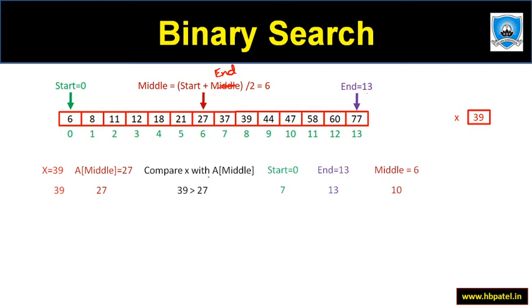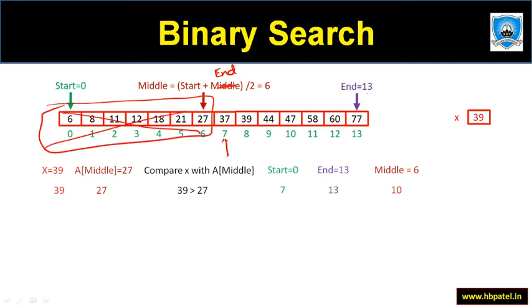Yes. So in that case, what will we do? Because this is greater, we will be looking for this item only. We will not be looking into this item because 39 cannot be over here. So we are moving start. Start is now middle plus 1. What is middle?